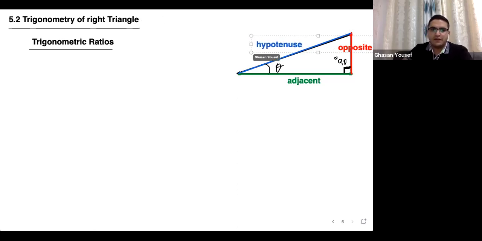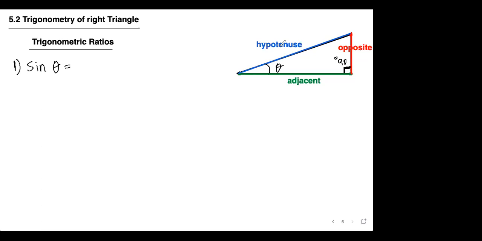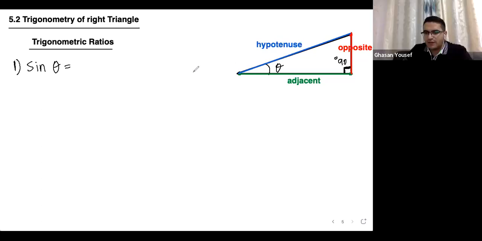So now I can define the trigonometric ratios. The first one is the sine ratio. The sine of the angle theta is the opposite over the hypotenuse.